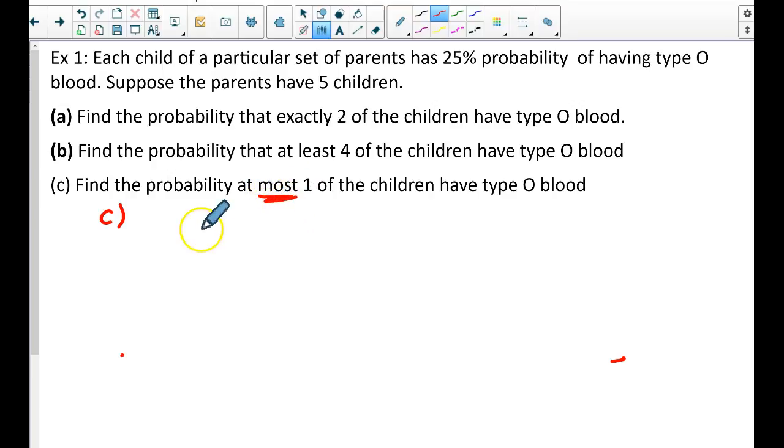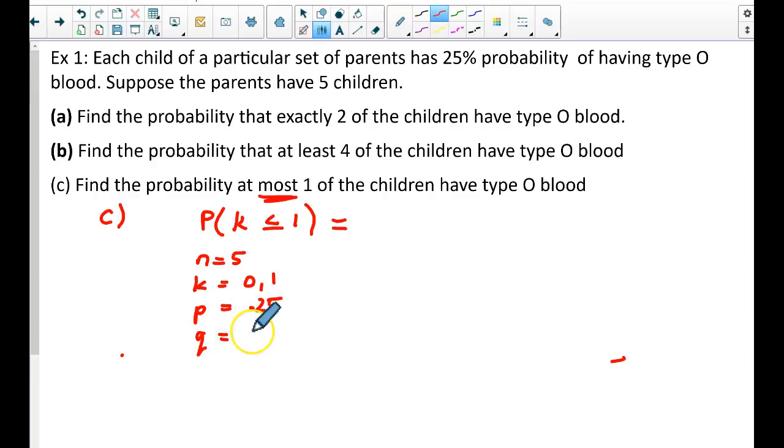That's always going to be the lowest number. So in this case, we're looking at the probability K is less than or equal to 1. So N is 5. K can either be 0 or 1. P is equal to 0.25. Q is, as before, 1 minus 0.25, or 0.75.